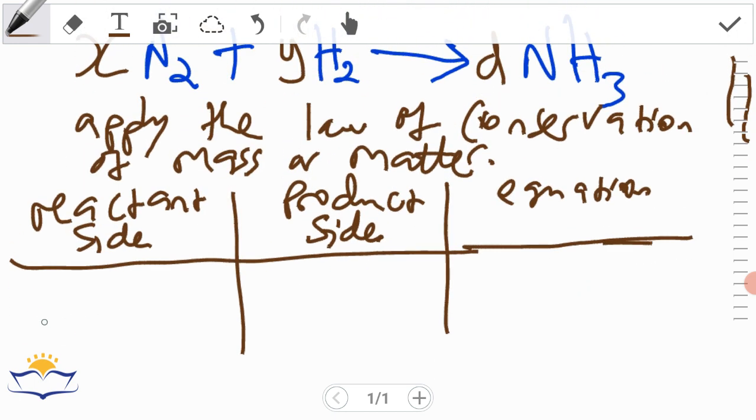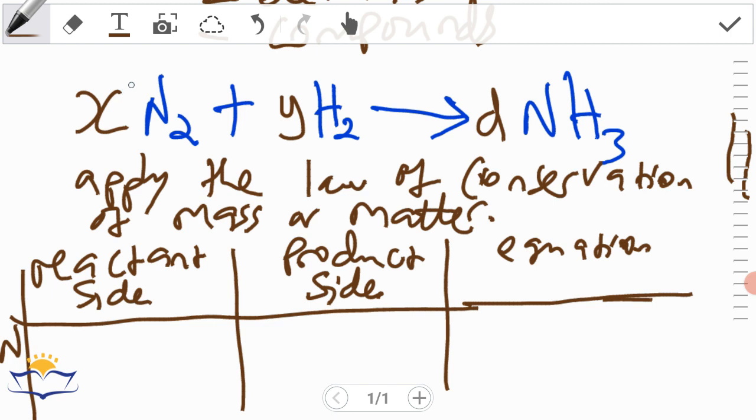Okay, so for nitrogen, for example, on the reactant side, how many atoms do we have? We take the coefficient multiplied by the subscript. Here we have nitrogen, so we have 2x on the reactant side. Then on the product side, nitrogen is also present, so we move on to the product side.